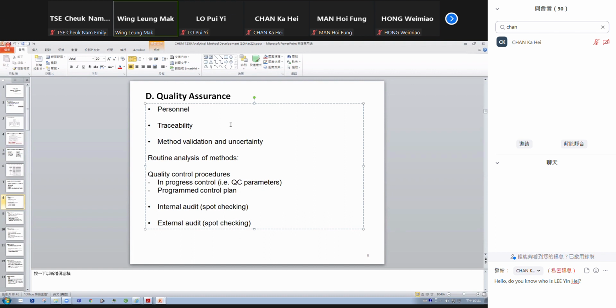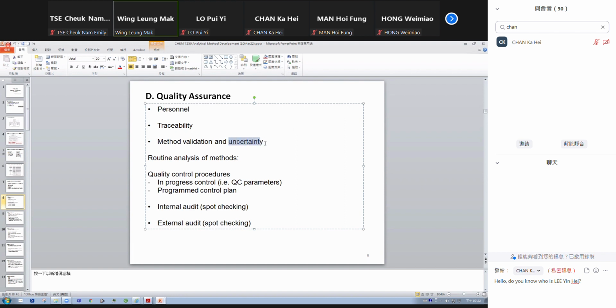Okay, it's the traceability. And also the method validation. Method validation you may have learned in the previous lecture of this course, to ensure that the laboratory can conduct this method for the analysis correctly. And the person, such as the chemist or the technician, knows how to perform this test.